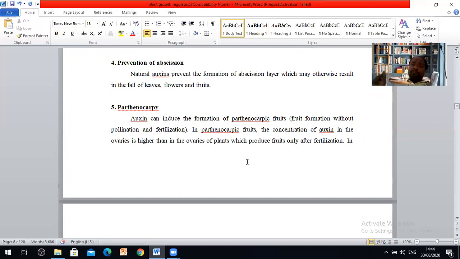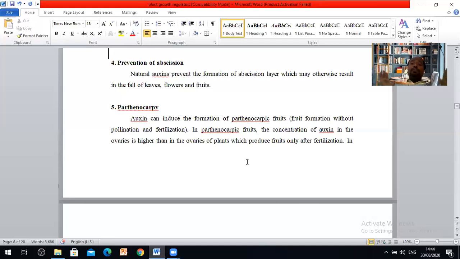In this process, the abscission zone is formed in the petiole or in the stalk of the flower or the fruit. Once the abscission zone is formed, that particular organ is detached from the plant axis, it may be a branch or whatever it may be.